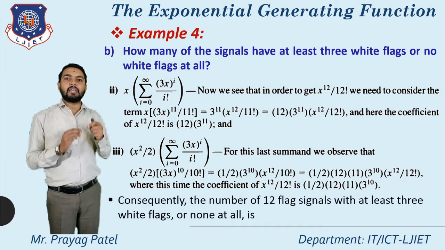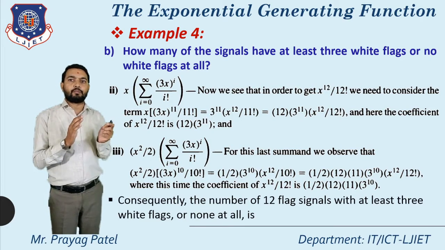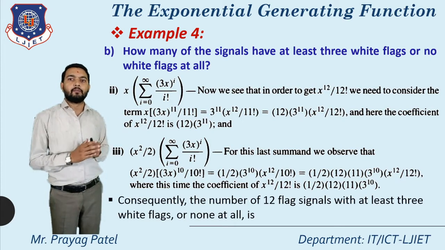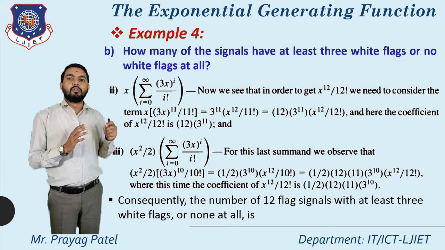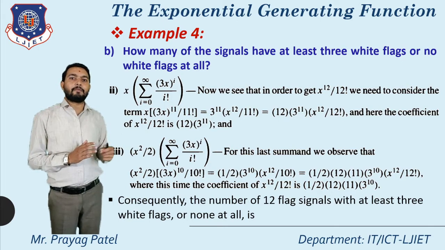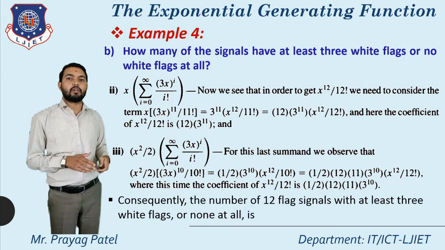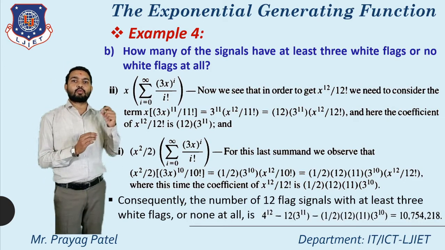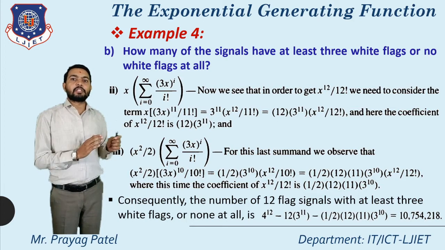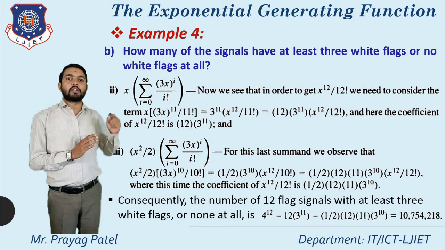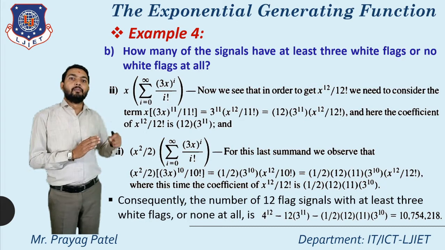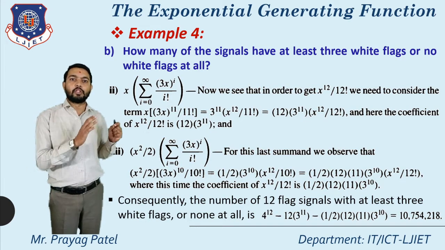Now after finding the value of each of form 1, form 2 and form 3, consequently the number of 12 flag signals with at least 3 white flags or none at all is 4 raised to 12 from the first part. From the second part we get 12 into 3 raised to 11, so subtract this, and minus 1 by 2 into 12 into 11 into 3 raised to 10 from the third part.